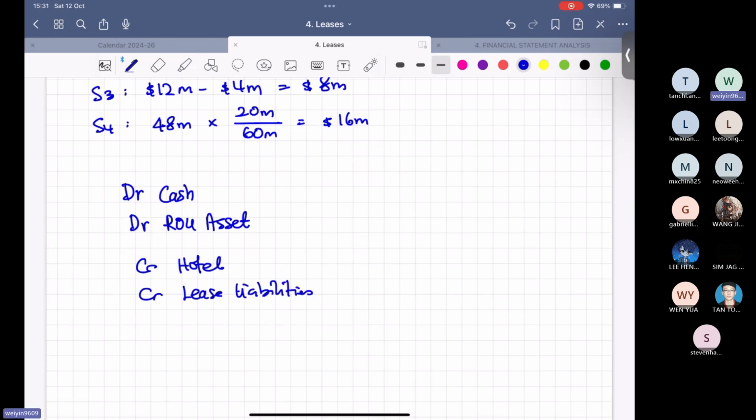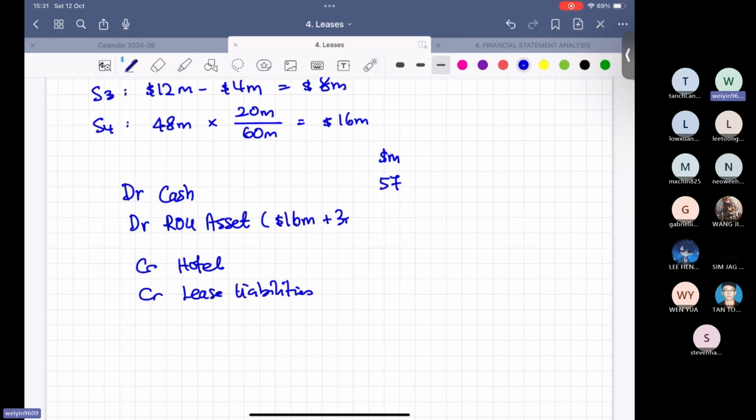Then you have the unbalanced one, and the balancing figure we reserve for the last. So cash, I have 57 million. Am I right? ROU asset, I calculated it is 16 million.